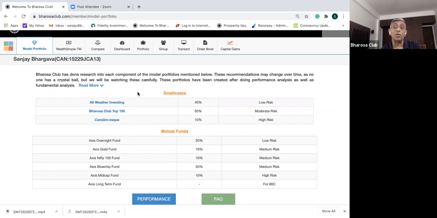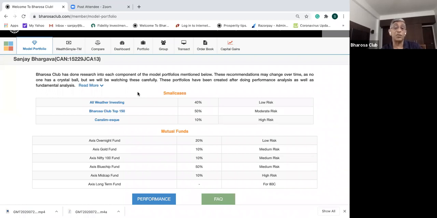Now for debt, for long-term capital gains, you get the benefit of indexation, though the long-term period is 3 years, and you pay tax on the gain after indexation at 20%. Okay, so this is just to reiterate that these are very, very good options.